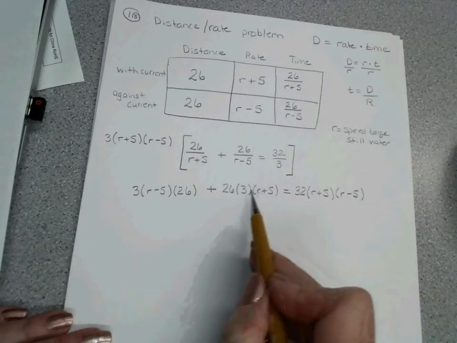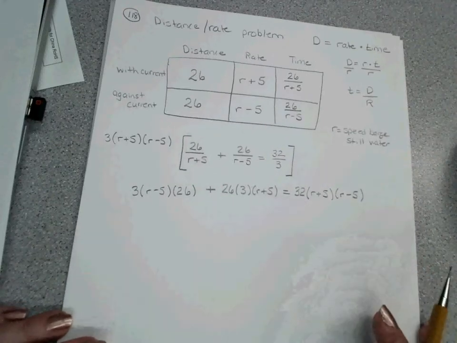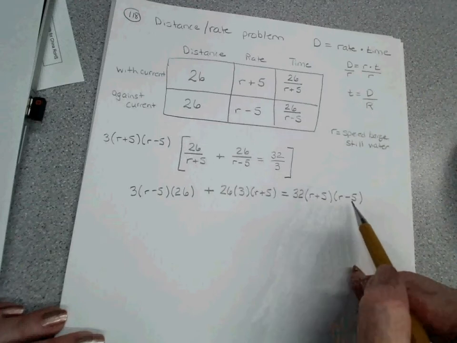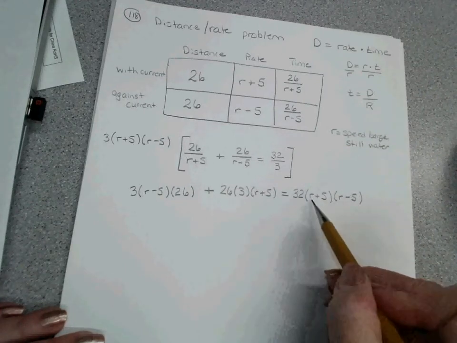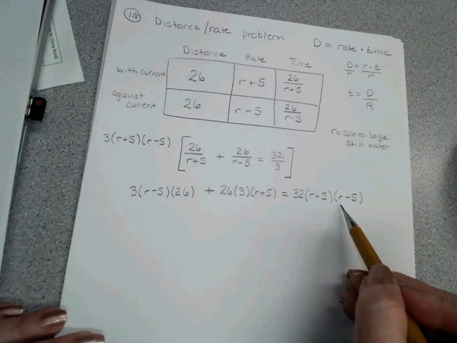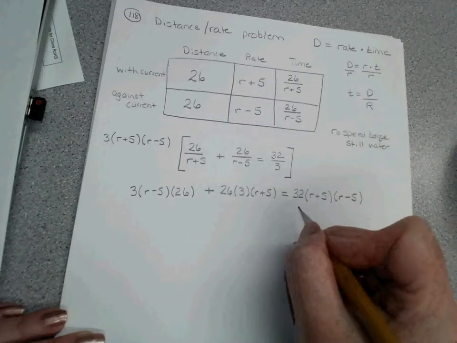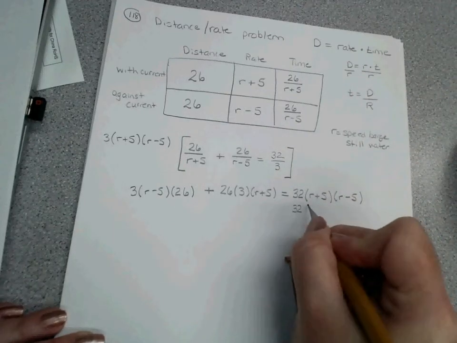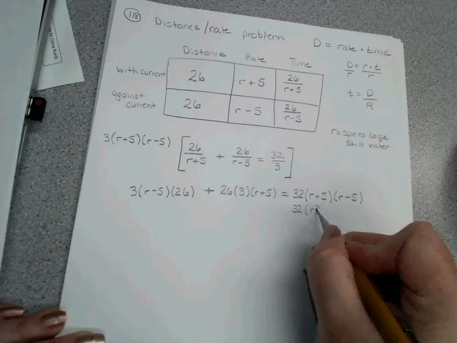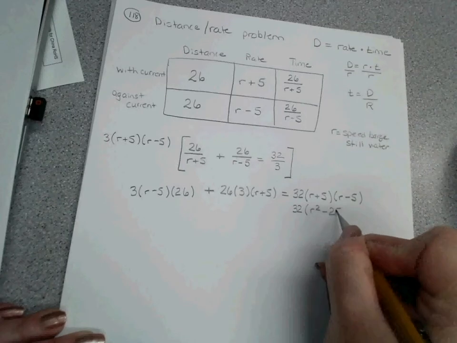Now it is a regular equation, and I'm going to do some simplifying. Now, looking over here, this is a pattern of factoring you should know. It is a difference of perfect squares, what we call DOPS. I am going to cut to the chase and say r plus 5 times r minus 5 is r squared minus 25.